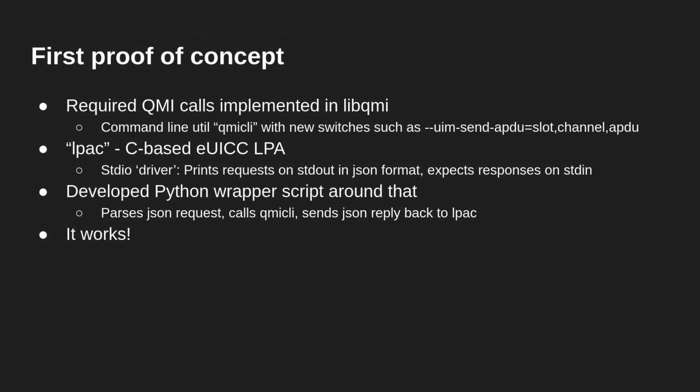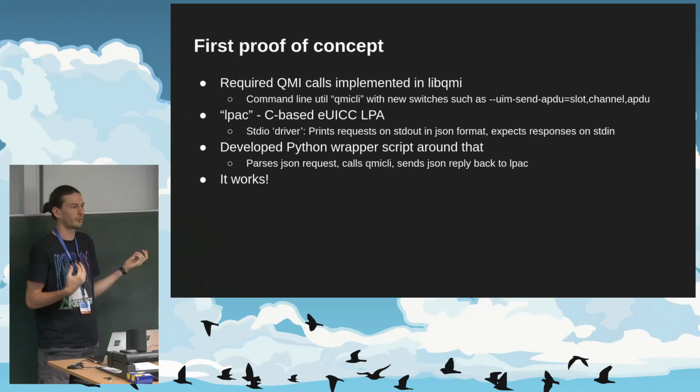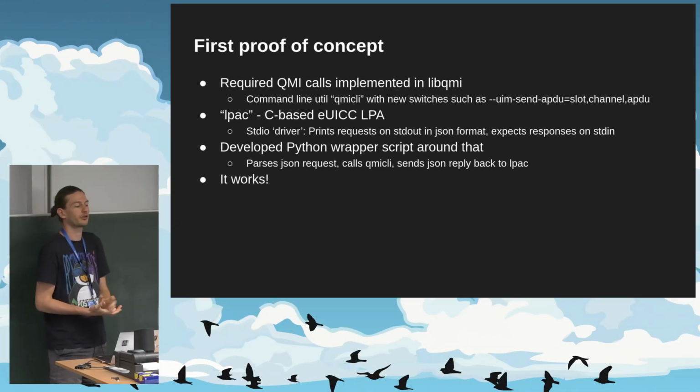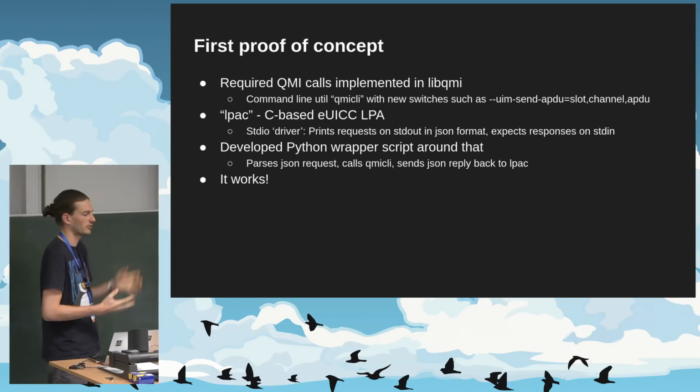Okay, so with these three calls implemented in libqmi, it was time to make the first proof of concept to connect LPAC, this open source project, with the Qualcomm modem. So with libqmi, they also have a command line tool called qmicli, which is basically just a CLI client for sending QMI calls.